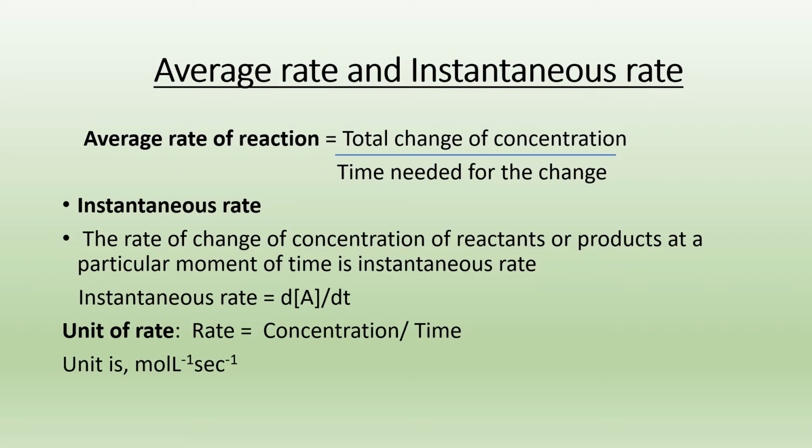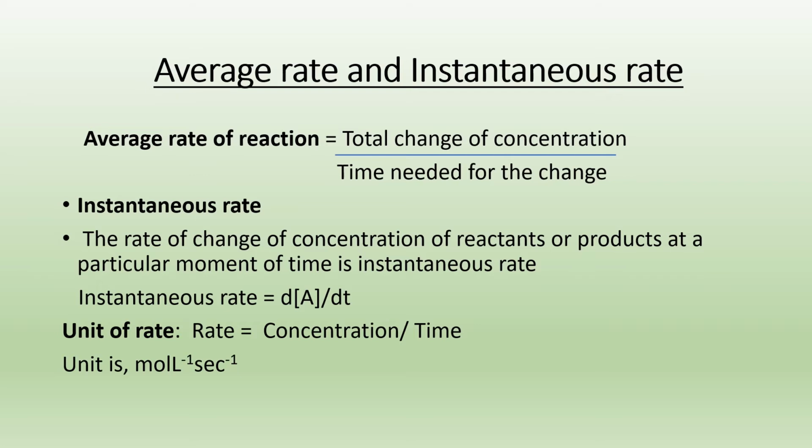Initially, there will be more reactant, so the rate of reaction will be more in the initial phase. It may decrease or at some points it can increase. So the rate of reaction may not be the same at all times. So if we consider the total change in concentration and the time needed for the change, and take the ratio of these two, you will get the average rate of reaction. So average rate equals total change of concentration divided by time needed for the change.